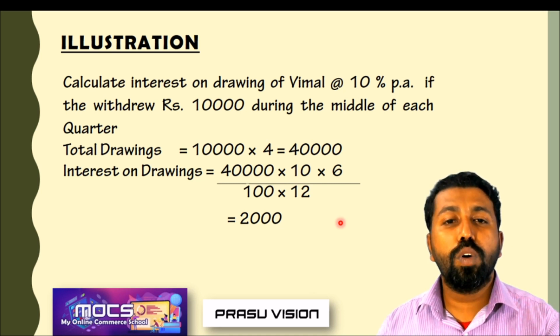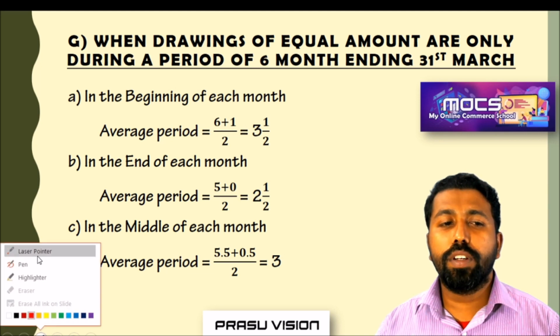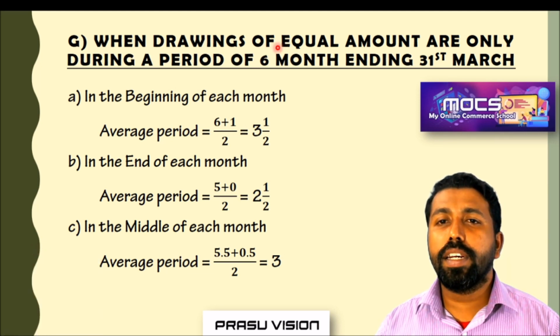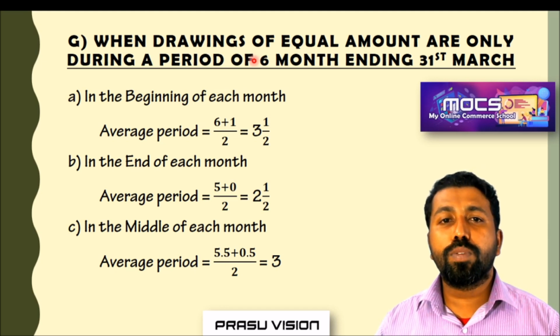So we are going to the next case in the calculation of interest on drawings. When equal amounts are drawn only during a period of 6 months. Up to the six cases, we learned how to calculate the interest on drawings for the whole year.